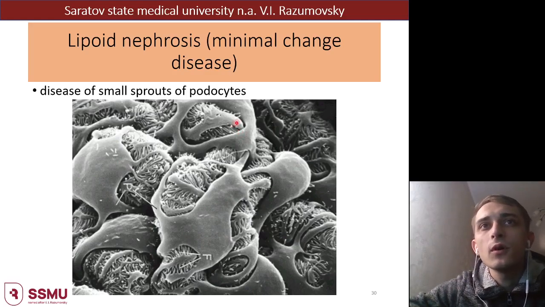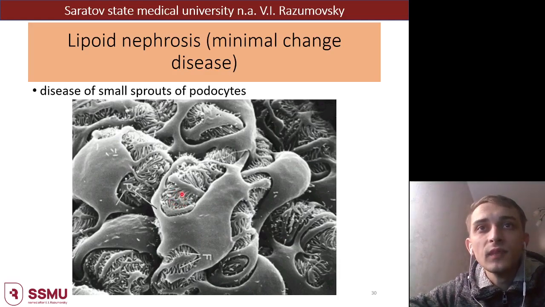Lipoid nephrosis or minimal change disease is a disease of small pods of podocytes. Podocytes are special cells localized on the surface of vessels in glomeruli, and they form a special cage which takes part in the filtration activities.